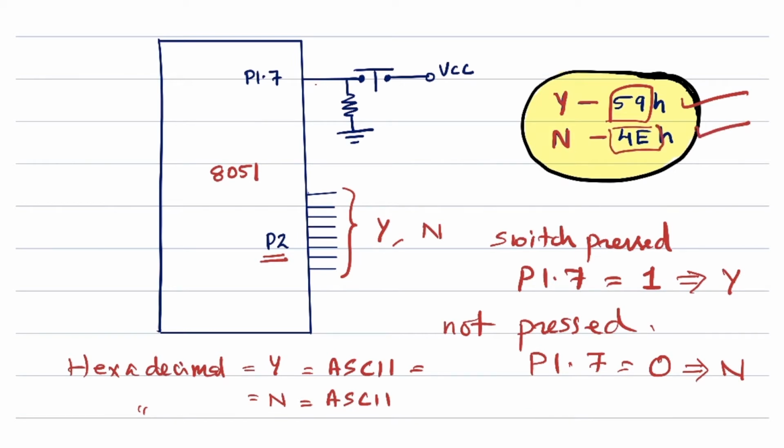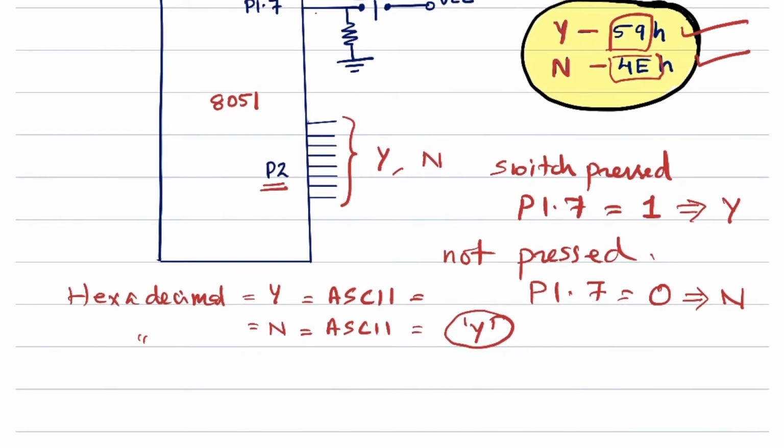But anyway, we really need not worry about the hexadecimal value. If you write y in single quotes in the program, it will be considered as the corresponding ASCII value. Suppose you write something like P2 equal to 'y' in quotes, then what will be in port P2 is nothing but 59 hexadecimal.